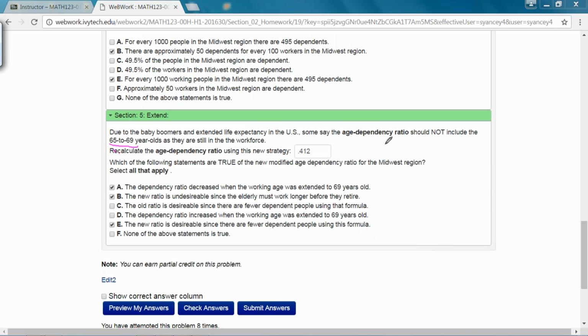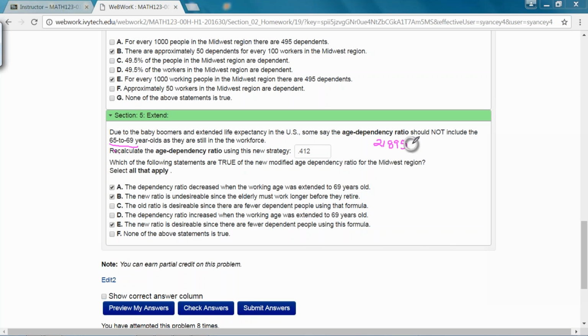So you would just take your original age dependent amount, which we had already calculated at 21,895.